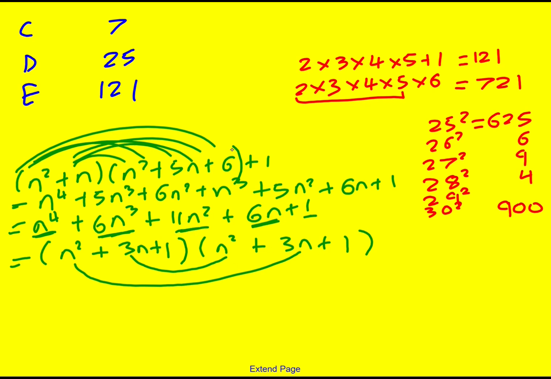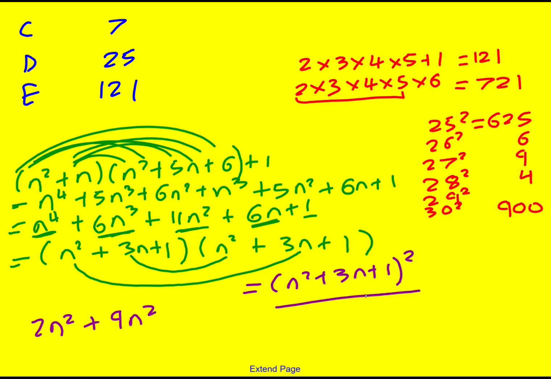And the 11n squared, if we want to check it, that's going to come from doing n squared times 1, the other n squared times 1 to give 2n squared, and then 3n times 3n to give 9n squared. So this checks out. We can write it as n squared plus 3n plus 1, all squared. It is necessarily always a square number.